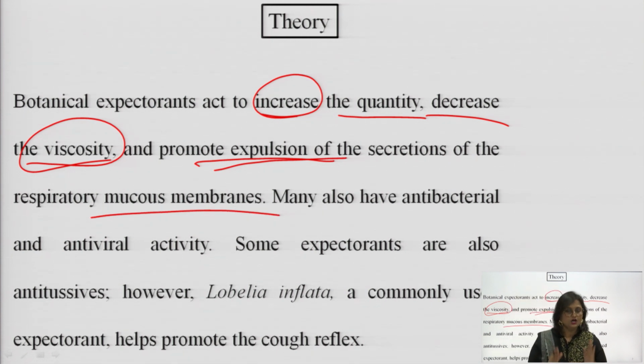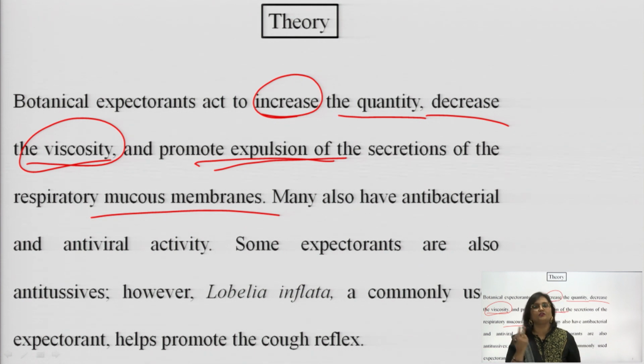So, overall, what does a botanical expectorant do? They help in removing the sputum from the respiratory tract. How do they do this? Question number one: what is the action of botanical expectorants? The answer is, they remove the sputum from the respiratory tract.